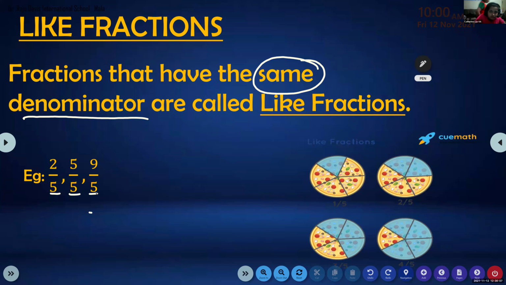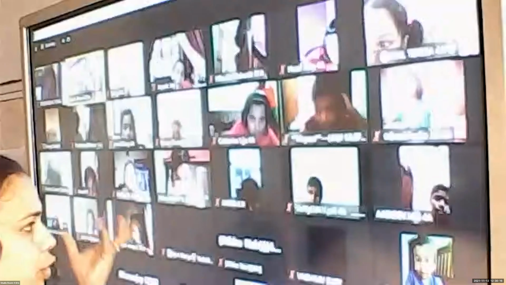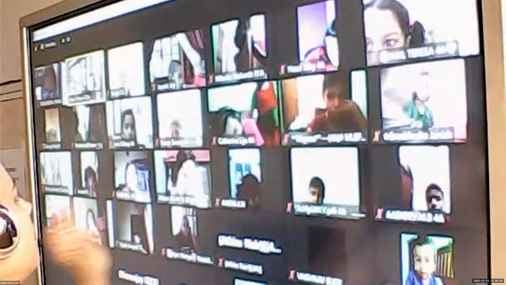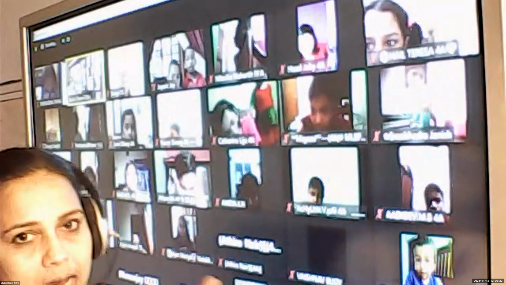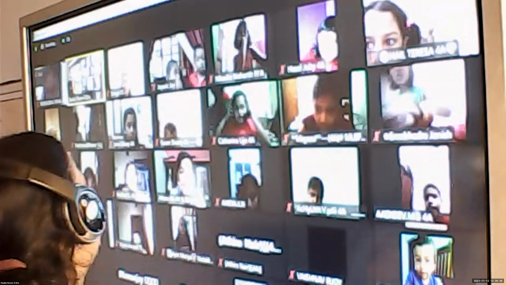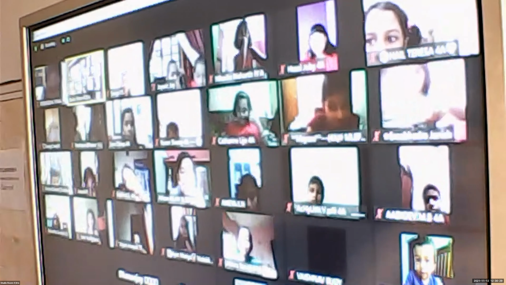So 2 by 5, 5 by 5, 9 by 5, all have the same denominator. But we are not talking about the numerator. We just look at the denominators, and if they are the same, we say like fraction, and if they are different, we say unlike fraction.